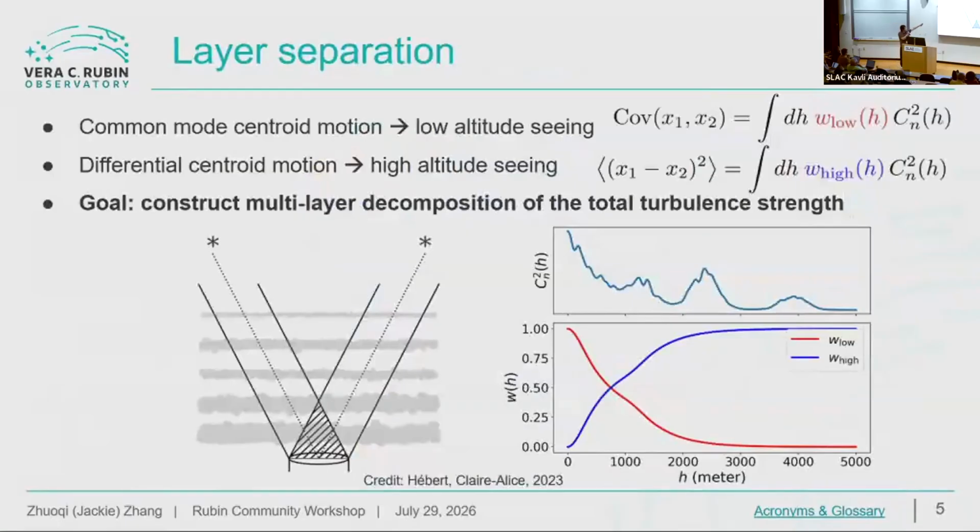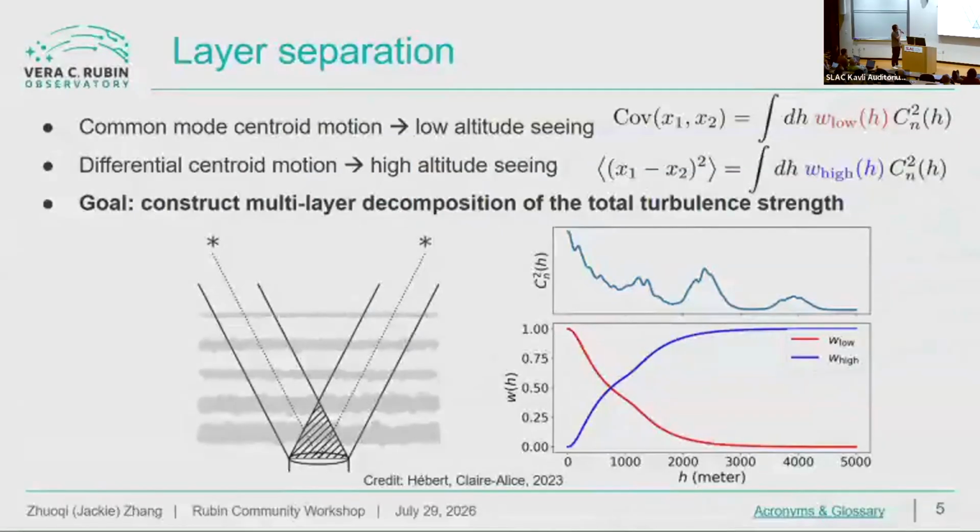If there is a turbulent layer at high altitude, it is likely to introduce uncorrelated motion for these 2 guider stars, because the light paths of the 2 stars are very far apart at high altitude. However, if the turbulence layer is at lower and lower altitude, the stars' light paths begin to overlap, so the centroid motion between these 2 stars will be more and more correlated.